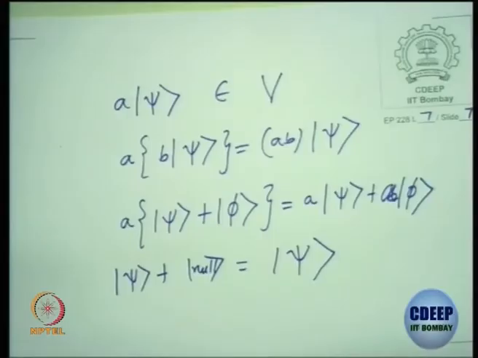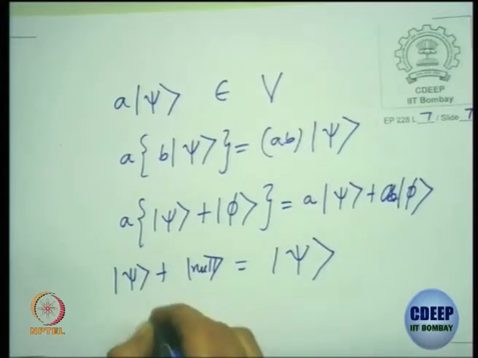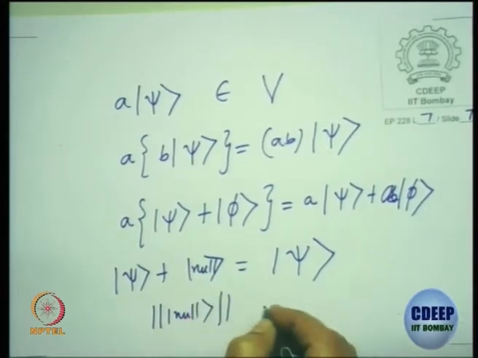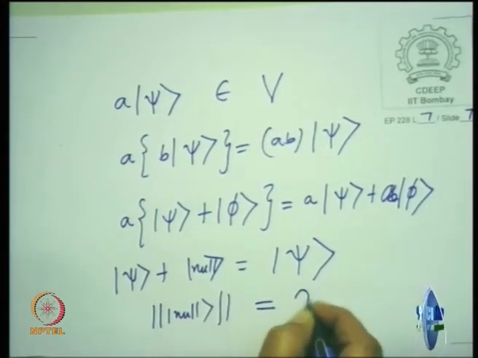It is called a null vector. What is the null vector? A null vector is one whose components are all 0, so the norm of the null vector will be 0.